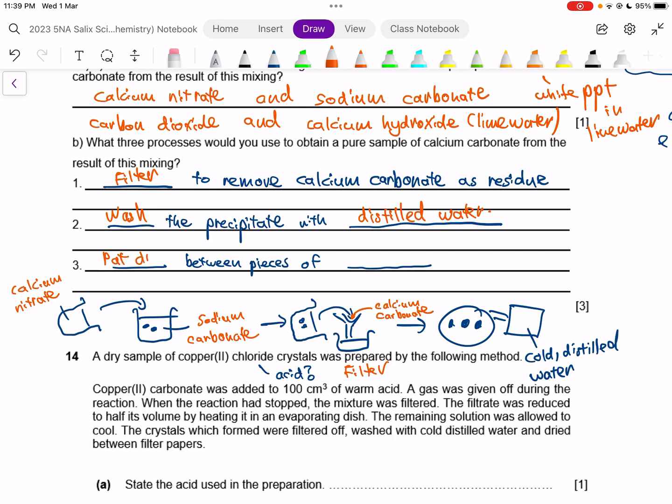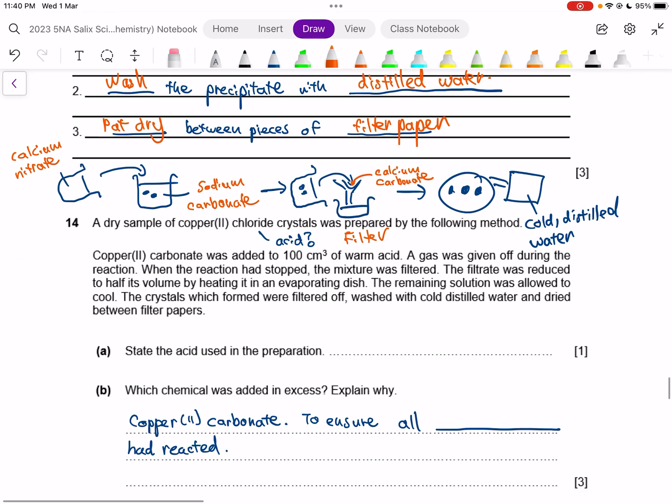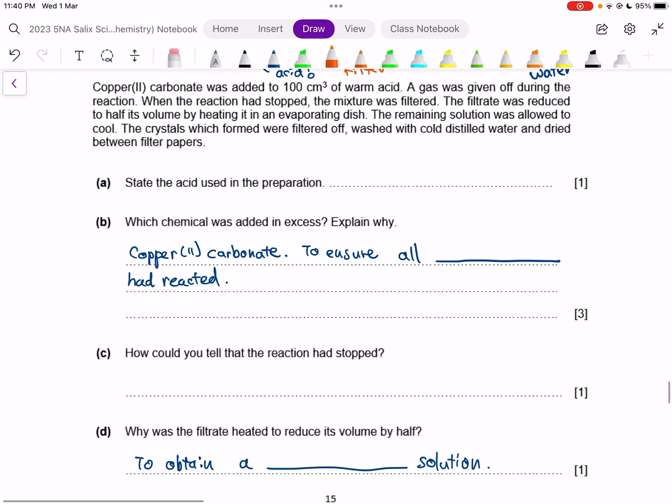This one is a pretty simple one, direct precipitation. Okay, then with that I shall proceed to question 14.